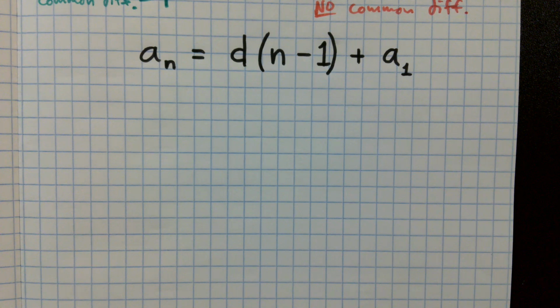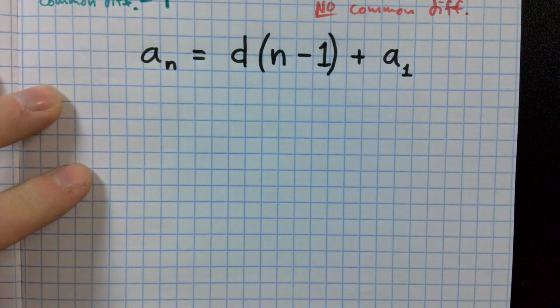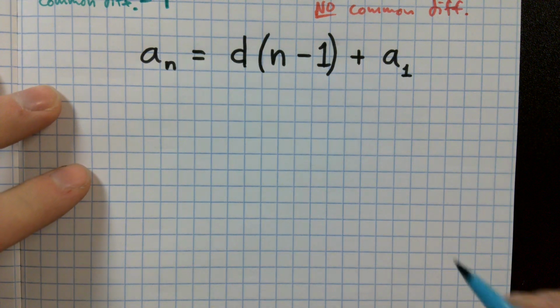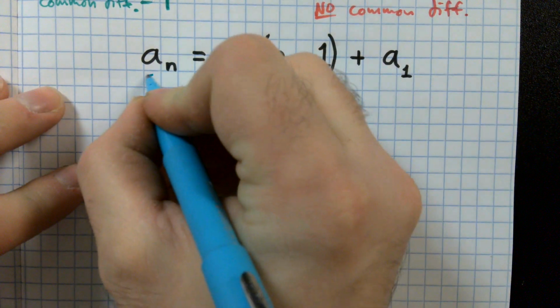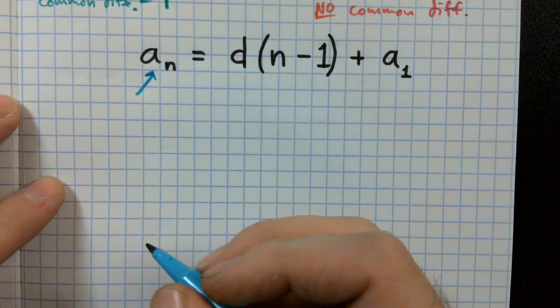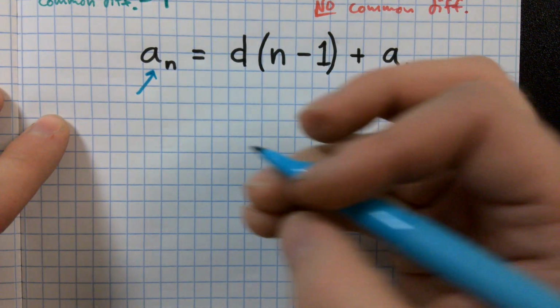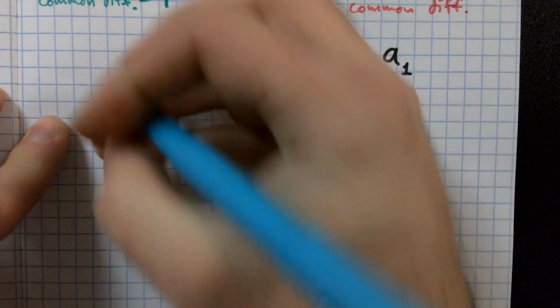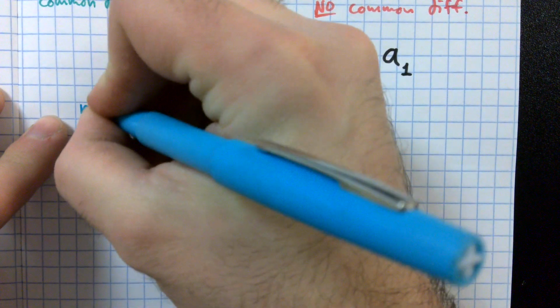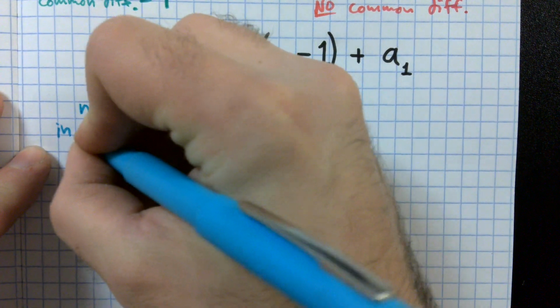So, let's break this down. A sub n is our nth term in the sequence.